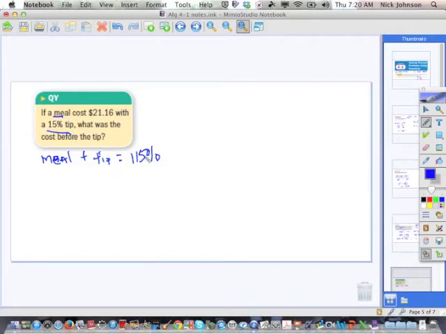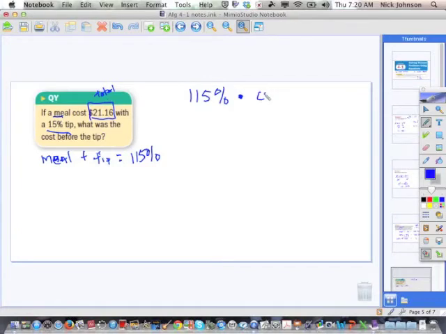So the meal plus tip equals 115% of what amount? We don't know the amount. We know the total amount. This is the total amount. We don't know what the cost of the meal was.